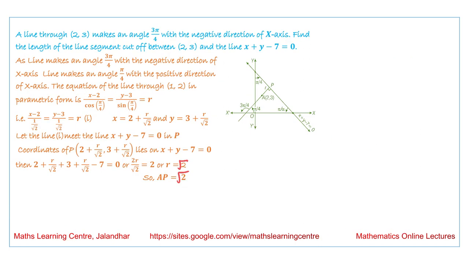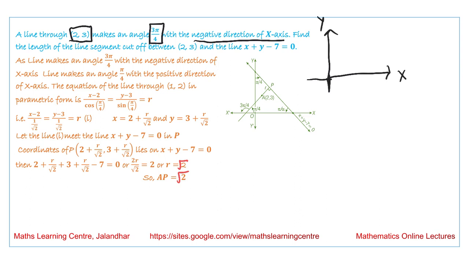Next is: a line through the point (2, 3) makes an angle 3 pi/4 with the negative direction of the x-axis. So we have the x-axis and the y-axis.